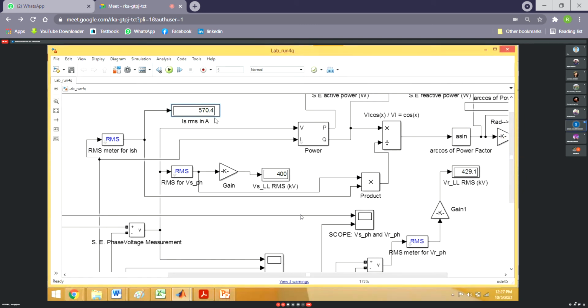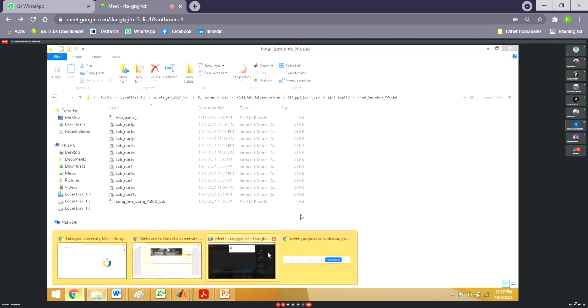So IS is 570.4 ampere, VS LL is 400 kV, and VR LL is 429.1 kV.